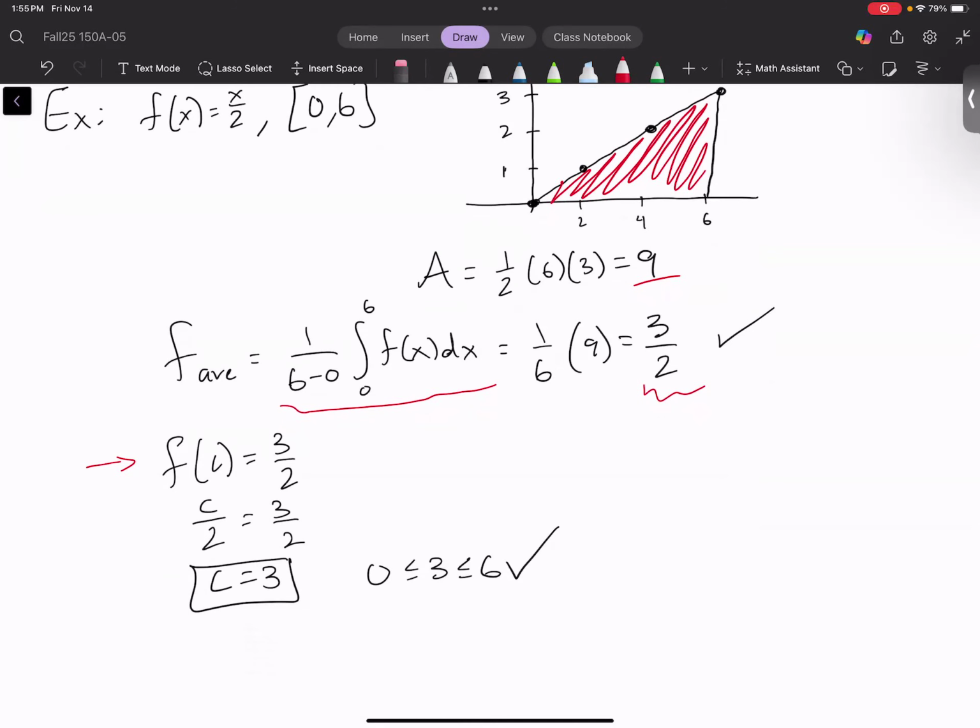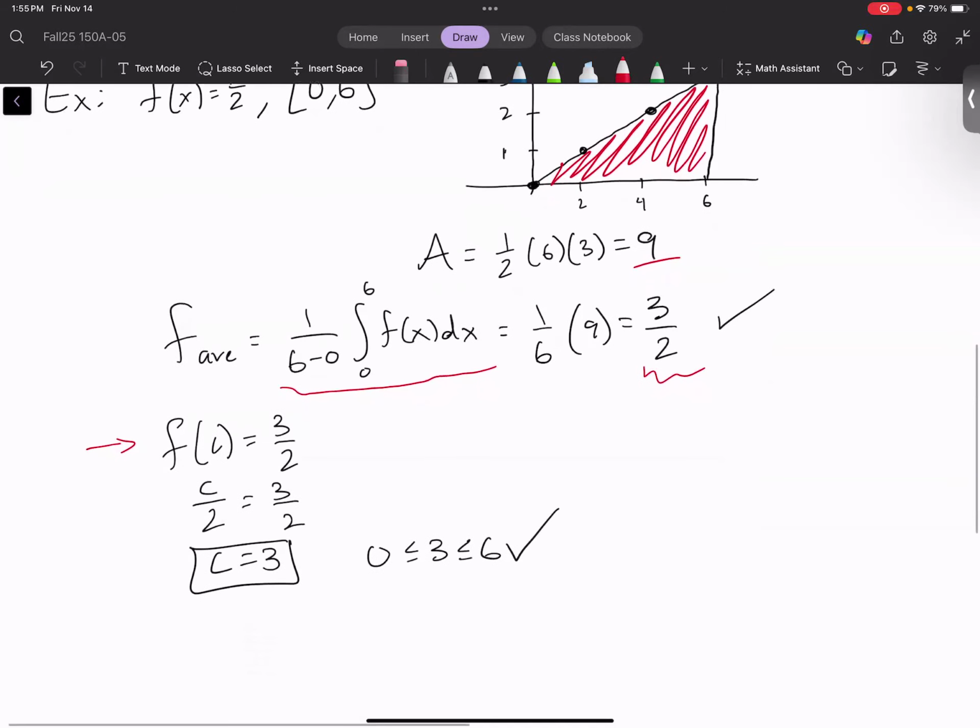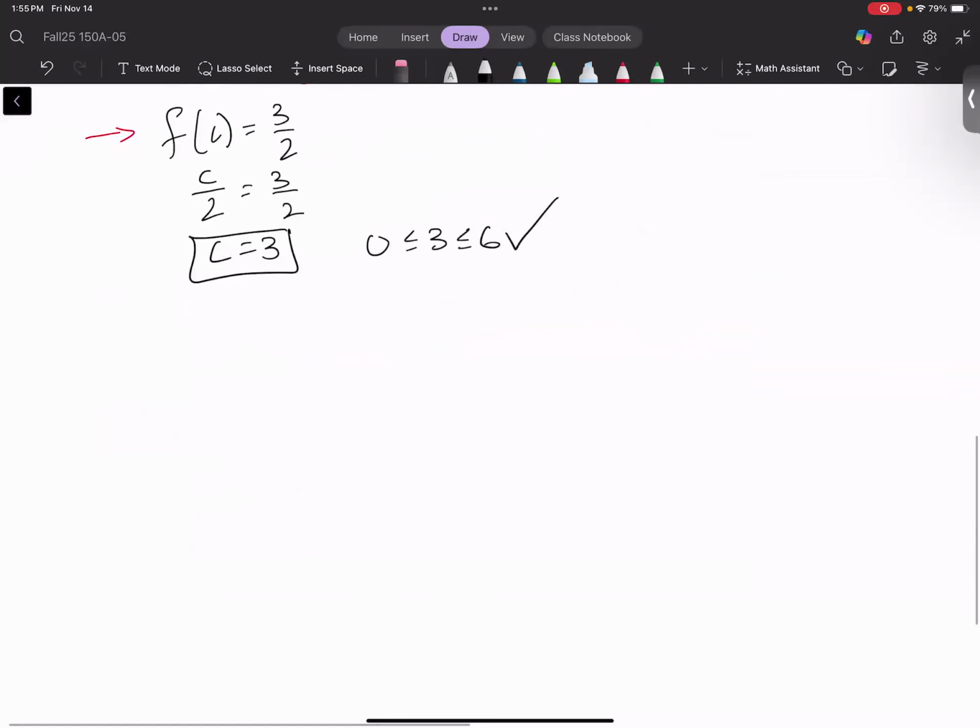Okay, let me get you guys to try one more here. We're going to be learning how to do more and more integrals and rely less on geometry as we go on. But let's just start with this.